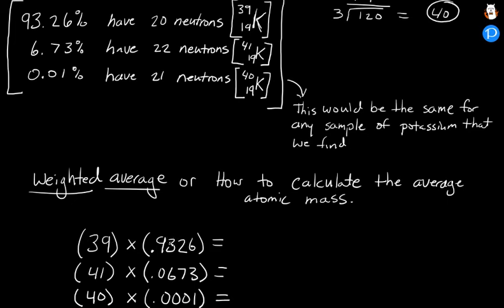So I'm going to multiply these through, so it's going to be 39 times 0.9326 would give me 36.3714. 41 times 0.0673, I got to do that one real quick, gives me 2.7593, and then 40 times 0.0001 would give me 0.0004.